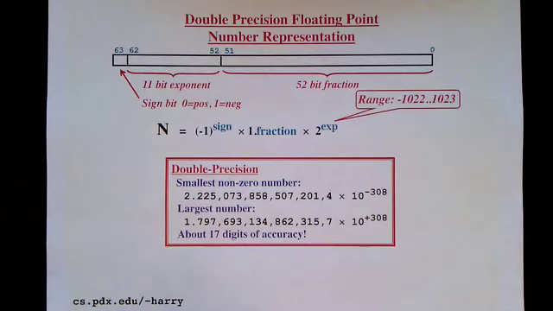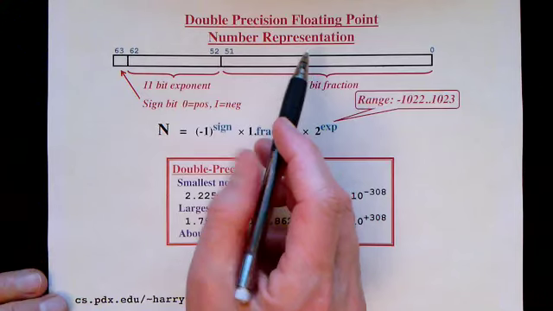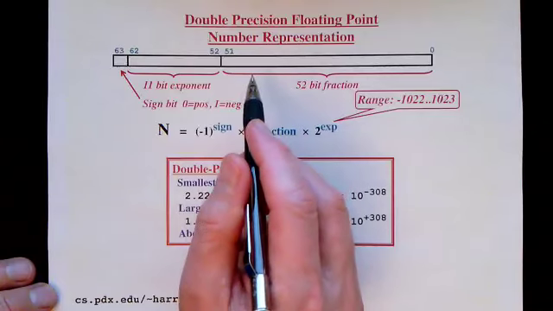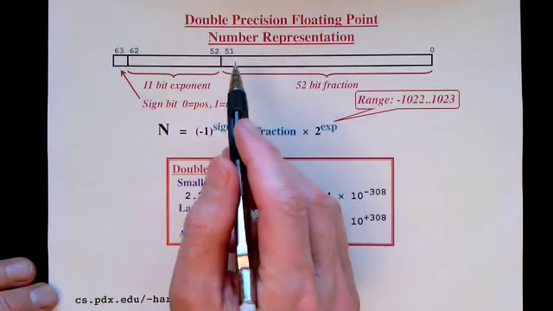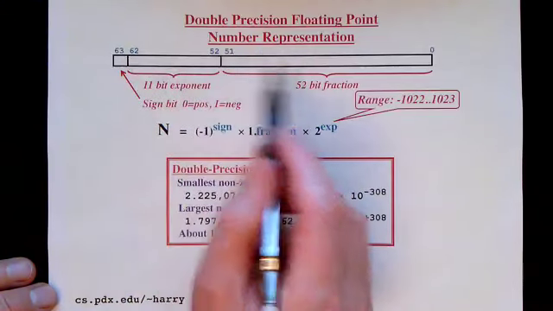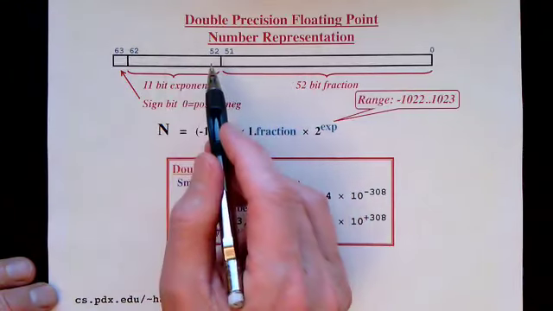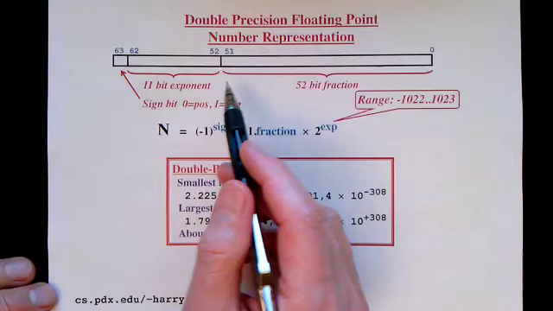So far we've talked about single precision floating point number representation. The IEEE standard for floating points also specifies double precision. And in that case, we have 64 bits to work with. What this gives us is more bits for the exponent and more bits for the fraction. But the ideas are exactly the same.